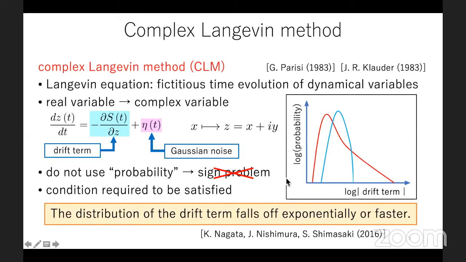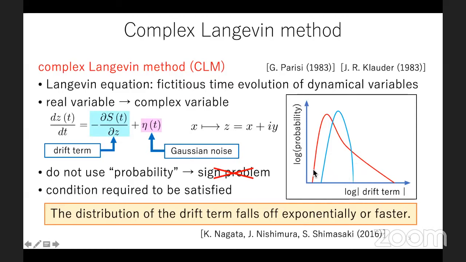Let me explain graphically. If we plot the histogram of the drift term in a log-log plot like this, we get some distribution. This statement claims that if the distribution falls off faster than exponentially, like this blue line, the given result is correct.